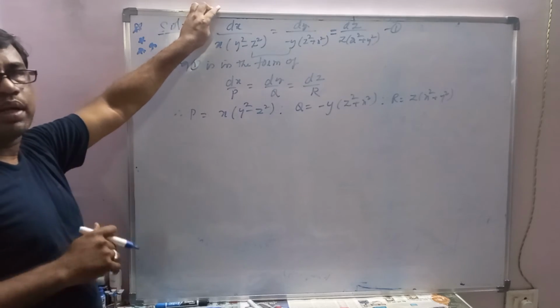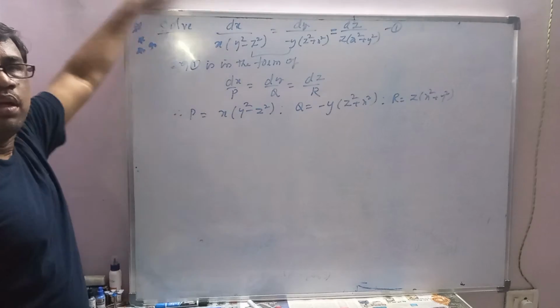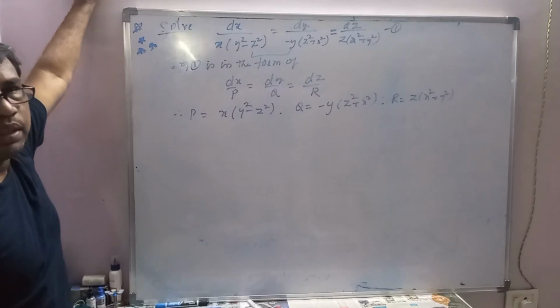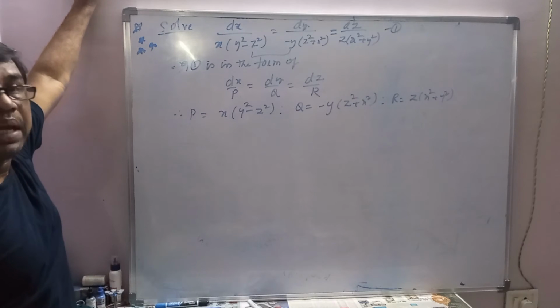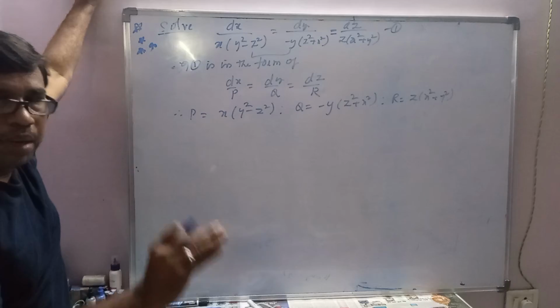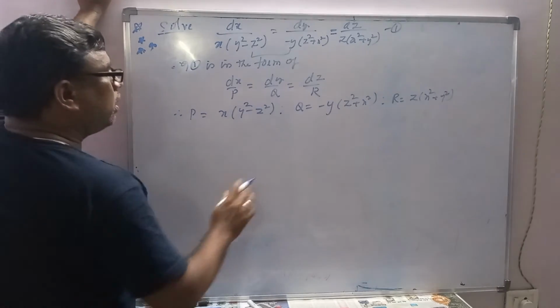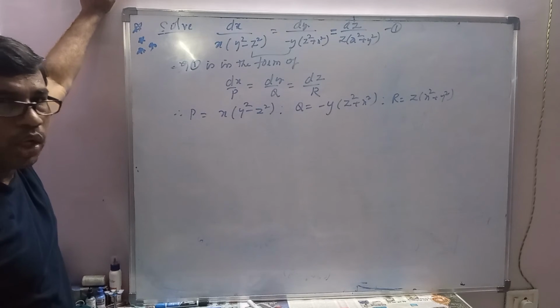Here we cannot reduce it that way, whether x and z, y and z, or x and y. That first method is called grouping, which is the variable separable method. Here we cannot solve this problem by grouping.